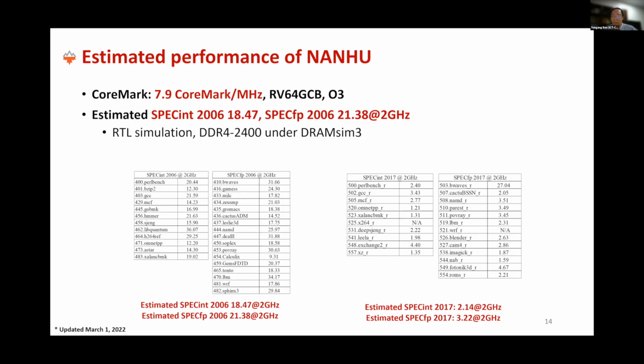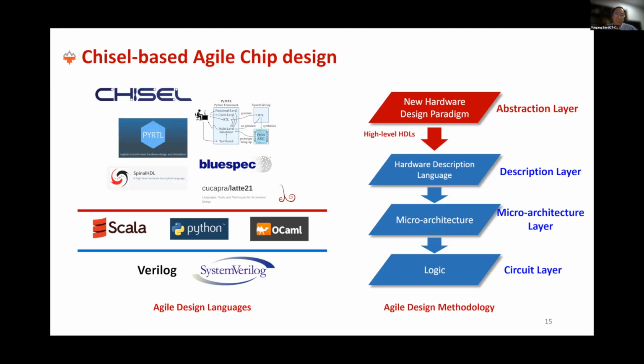Next, I will introduce how we build Xiangshan. We have been using Chisel for years, and then we decided to use a Chisel-based agile design for Xiangshan, which means that we use Chisel to generate the Verilog code, then use the traditional EDA tool flow to generate the layout, and finally send that to the foundry.